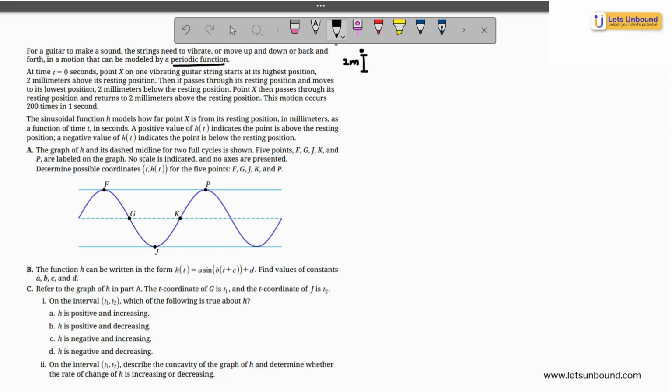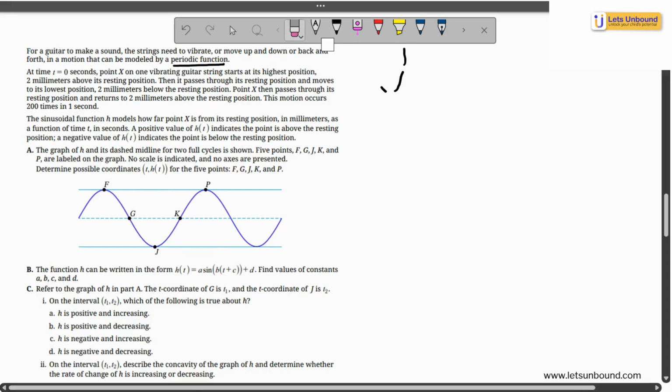Then it passes through the resting position, which means it comes back to the rest. Then it goes to the lowest position, which is 2 millimeters below the resting position. Point X then passes through its resting position, and then again 2 millimeters above the resting position.